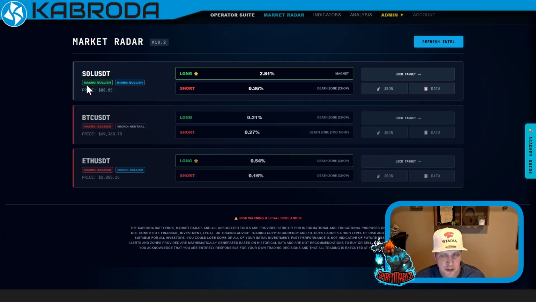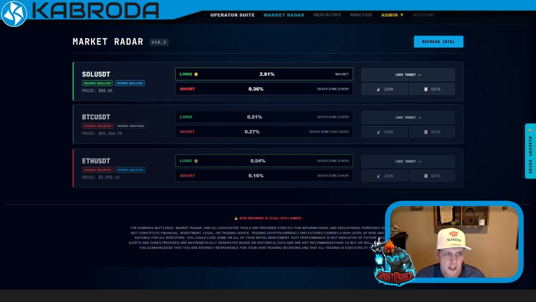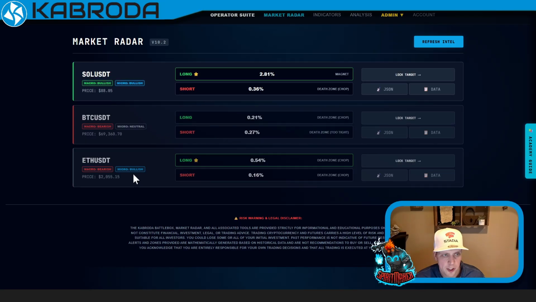So Solana, the weekly, the macro is bullish, and the micro is also bullish. So they're both bullish here. The macro, the weekly candle is still bearish on BTC. It's neutral right now, so it's showing you it's in that fight zone. And ETH lines up a little bit with Solana and BTC because the macro, the weekly candle is still bearish, but the micro, the shorter time frame, is bullish.